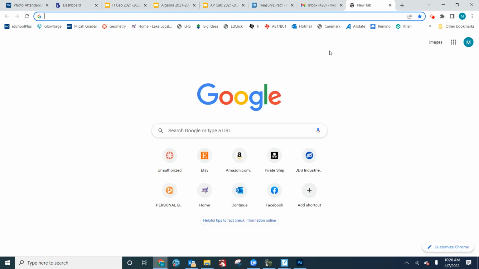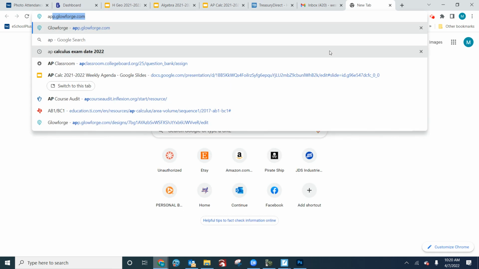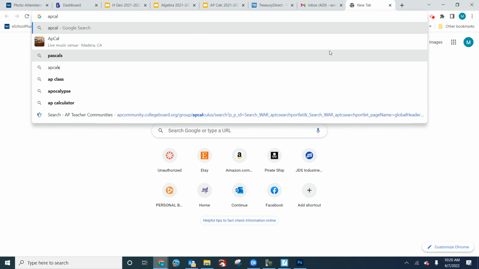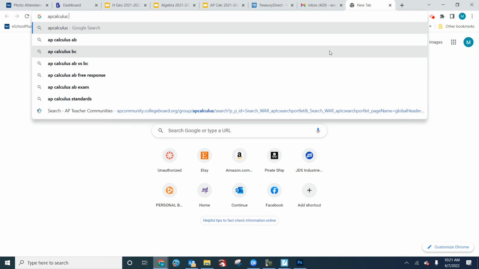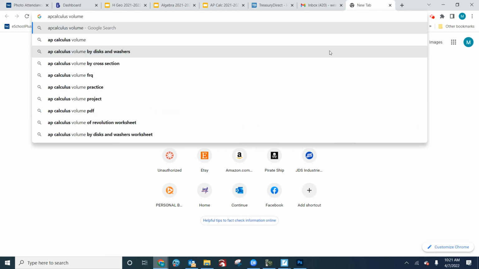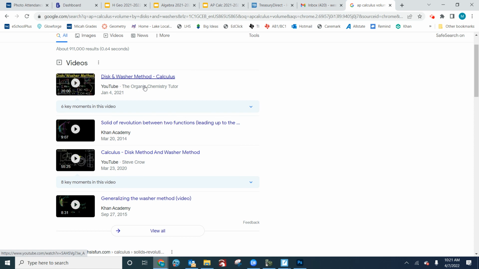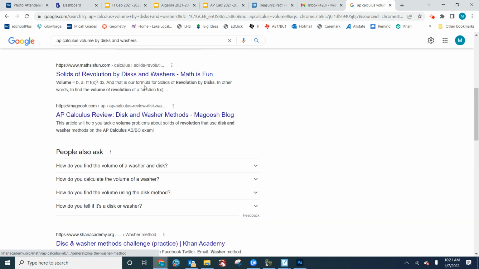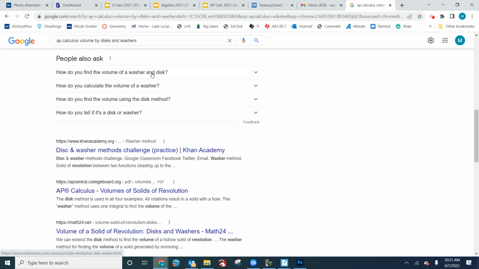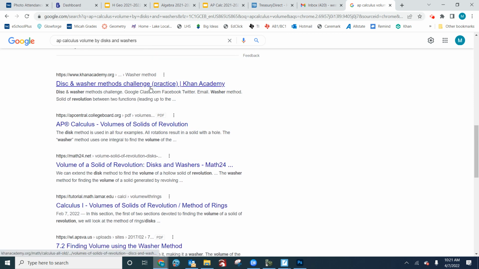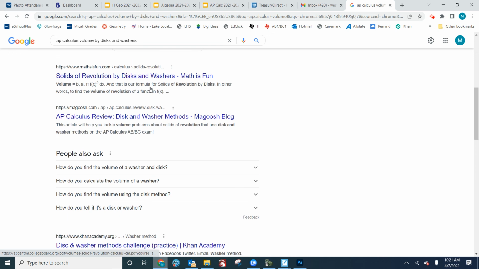you could Google AP Calculus volume. Oh, look at that. Volume by discs and washers. Good old Sal Khan. Math is fun. That's a misnomer. All right, what do we got? Let's do worksheet.